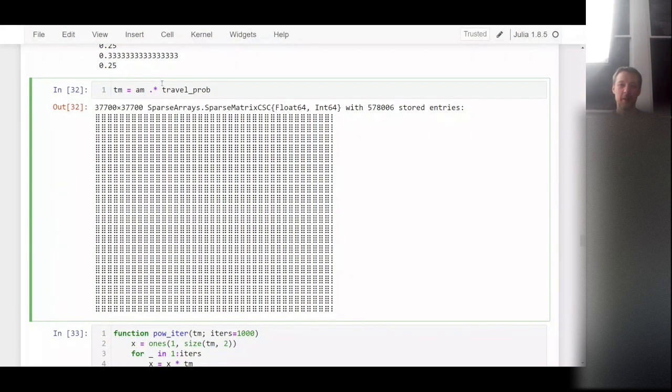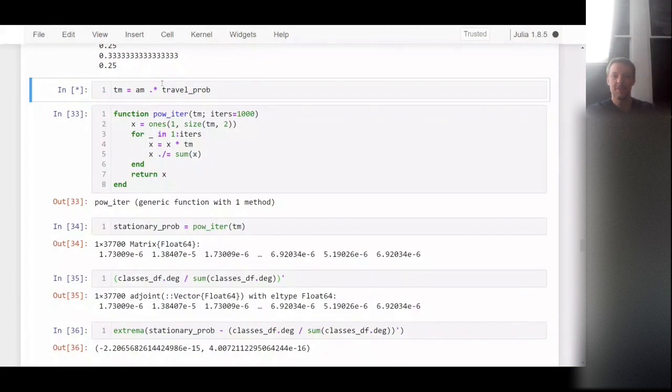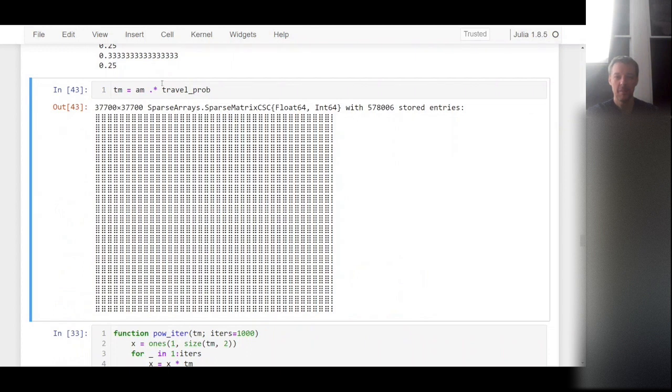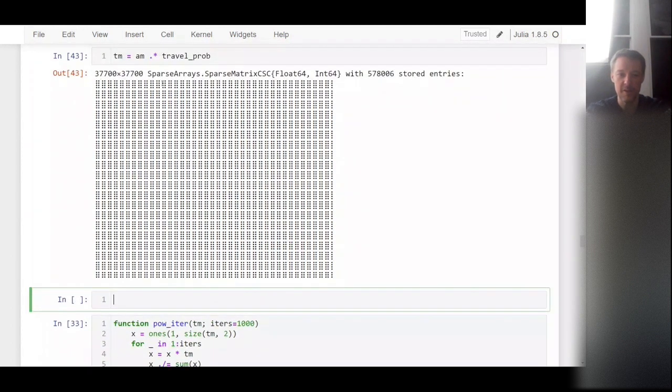But what does this operation do? This is crucial. I don't mean dot product here, but dot and then product, meaning multiplication. I multiply each column of this matrix by this travel probability.